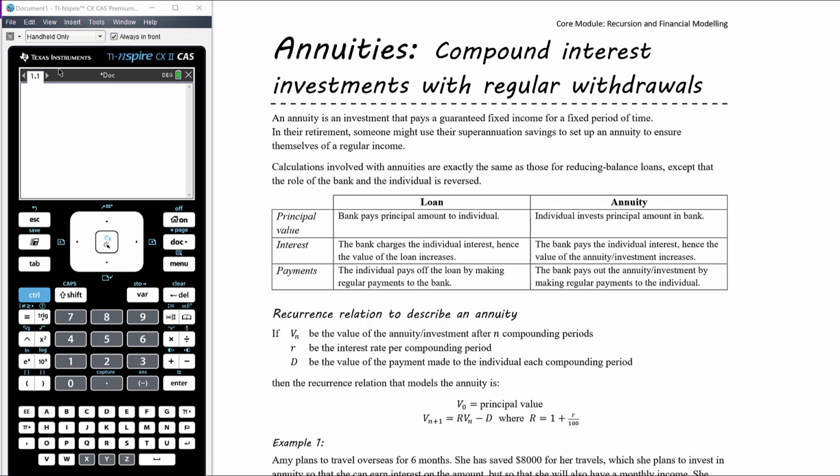As I said, calculations involved with annuities are exactly the same. The other thing I was going to say about annuities is that in various textbooks, exams, tests, trial exams and SACs, occasionally the word annuity is bandied about synonymously with investment. So I'm going to use them somewhat interchangeably, though I'm not sure that's 100% correct. I think an annuity is really about that idea that when you retire you set up this account from which you then withdraw money.